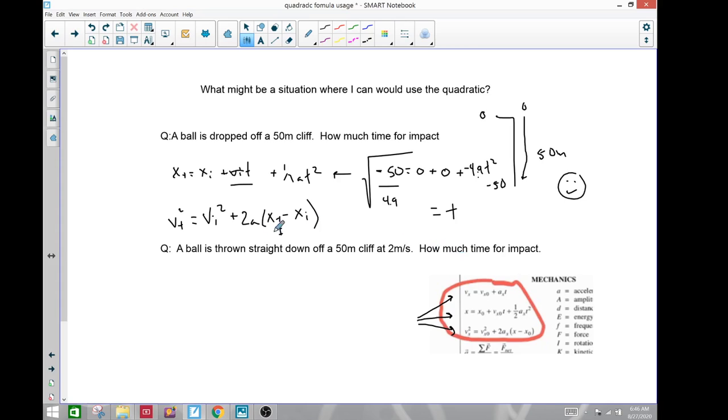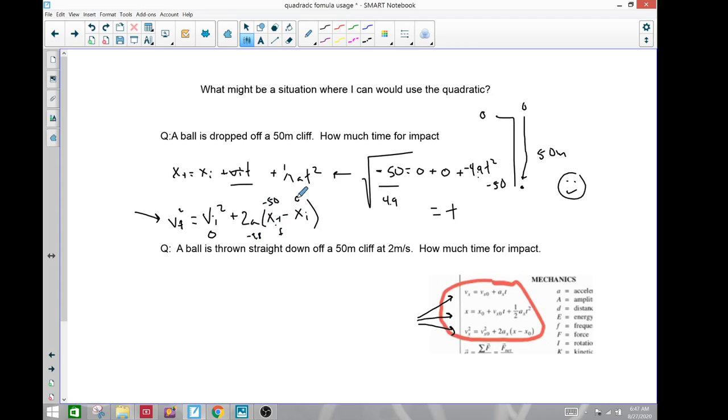Okay, could I use this formula? You could, but you don't know Vf. You don't know the velocity at the bottom. I'm not saying you couldn't figure it out, but you don't know the velocity at the bottom. Initial velocity is 0. Acceleration is negative 9.8. Final position is negative 50.